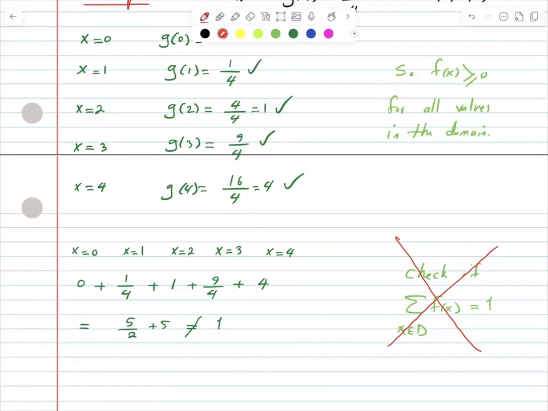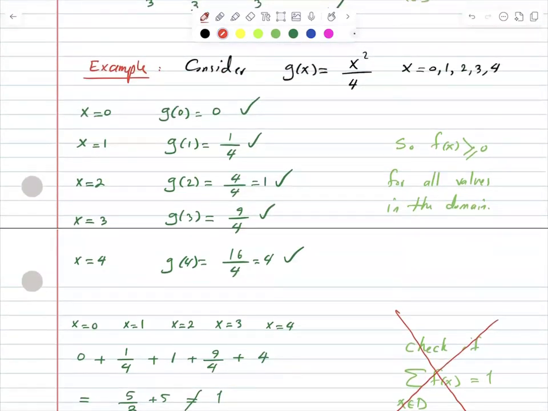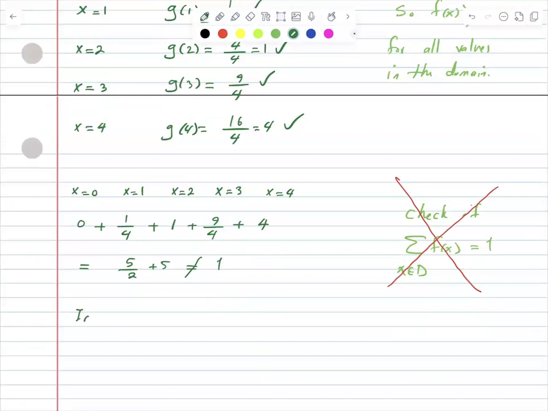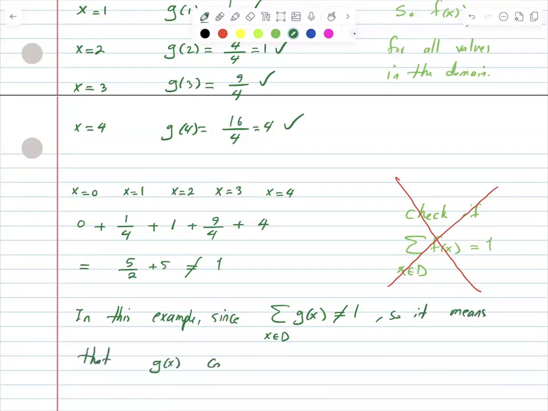So in this example, since the summation of g of x, x belongs to D, is not equal to 1, it means that g of x cannot be used as a probability distribution.